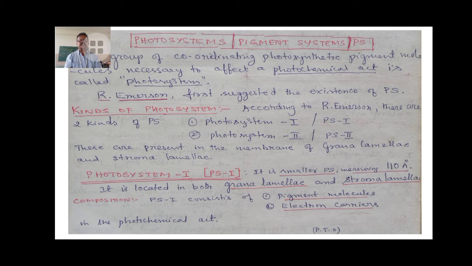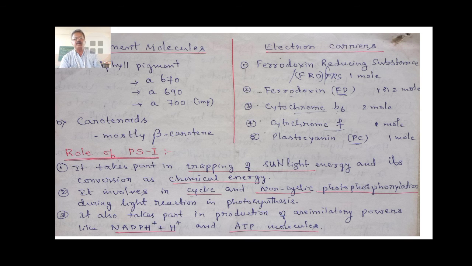Okay, so now let us see the difference between PS1 and PS2. There are 5 major differences between PS1 and PS2. The first one is PS1 is smaller, measuring about 110 angstrom, but PS2 is larger compared to PS1, measuring about 185 angstrom.